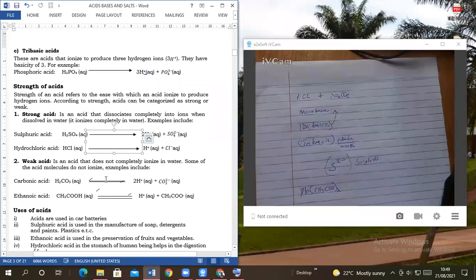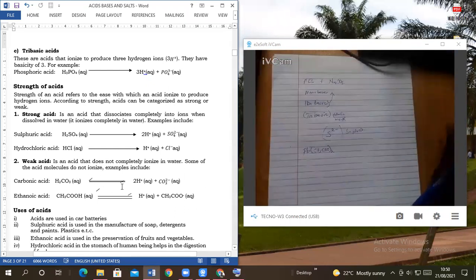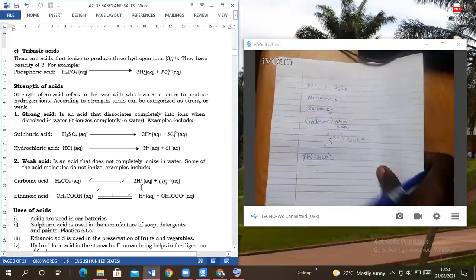So here we have two things. We have one arrow, and we have double arrows. Those double arrows are written like this.